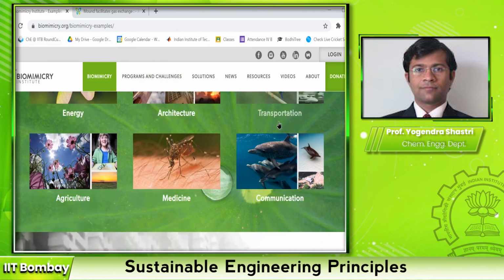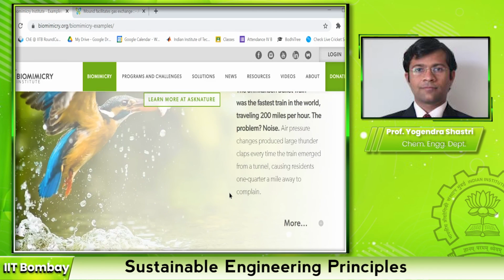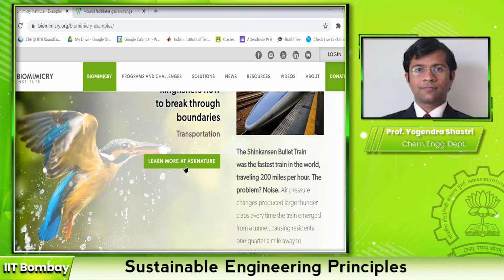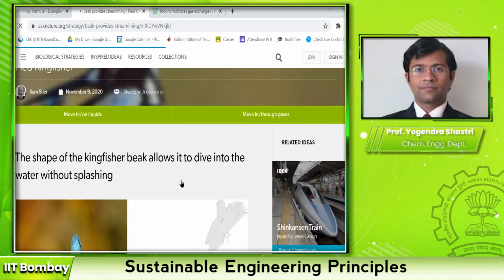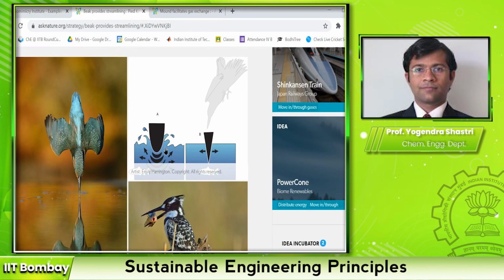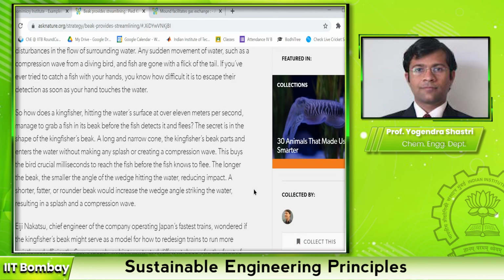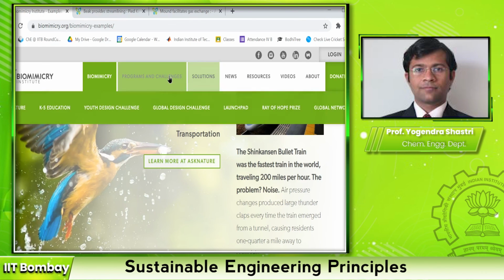This is the transportation example that I talked about, the bullet train and the kingfisher bird. Again, you can go to this Ask Nature website where more information is provided. This is what I've talked about: if you have a particular shape, then very little disturbance is generated in water. So I'll encourage you to explore this.